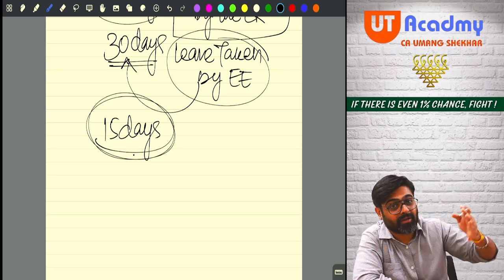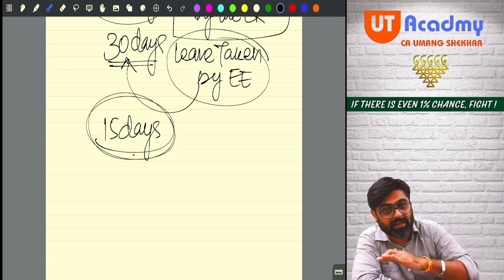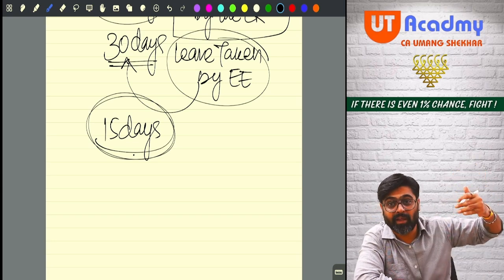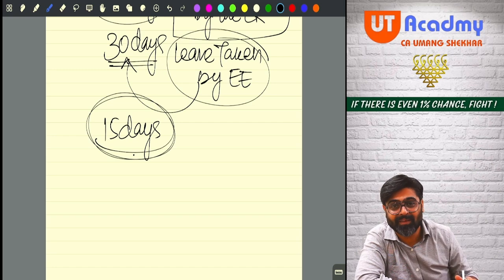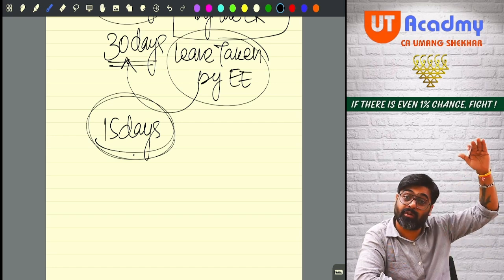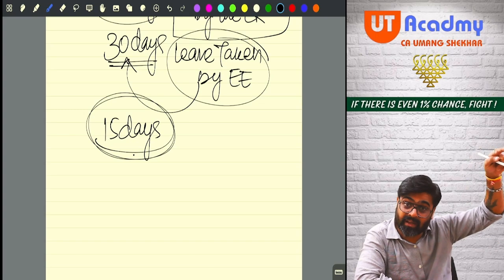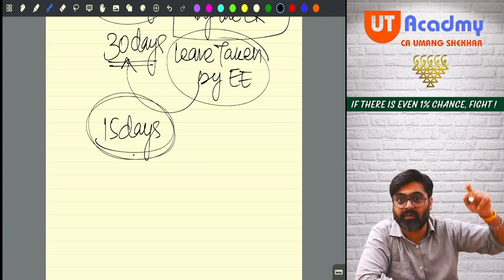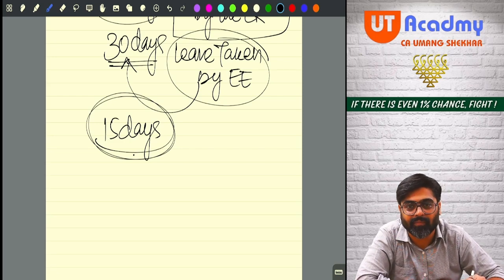Just imagine after 30 years, will your salary be same or it will be very high? Very high. Because every year you will keep on getting the increments, no? So whatever will be the salary at that time, at that salary rate, you will be given encashment. Just imagine how huge an amount of encashment you will get at that time.